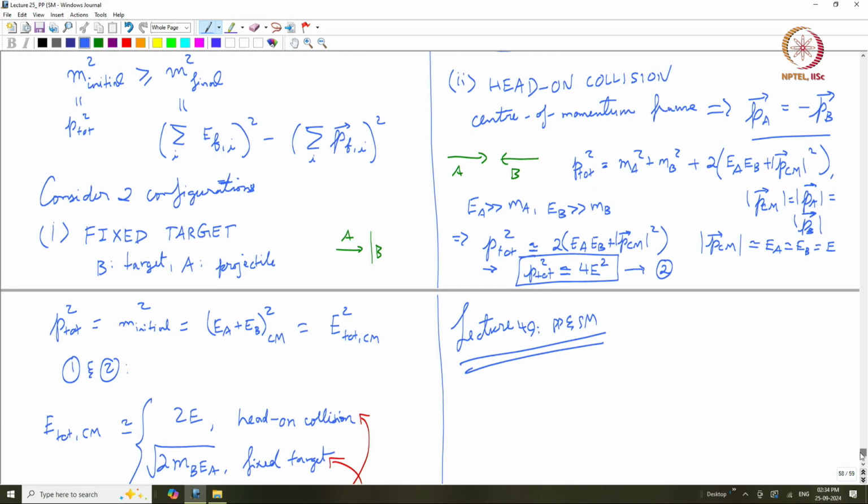And when we work this out for head-on collisions, where we took the lab frame to be the center of momentum frame, we arranged the lab frame such that it is a center of momentum frame also. In that case we saw that in the initial state, the total energy that you pump in is 2 times the energy of each beam, assuming each beam has the same energy, right?